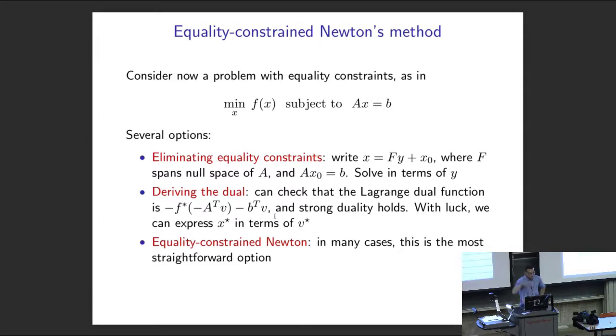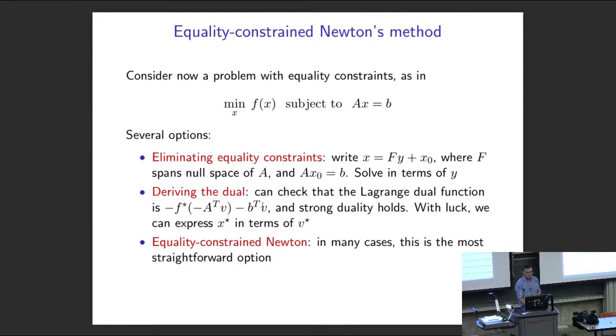So this is good because now if A was structured, there'd be no reason to think that F would be structured, because if we're just computing F with an SVD, again, somehow it's out of our control. We can't really find a nice null space parameterization. But if A was structured, then at least now we have what looks like an unconstrained problem.